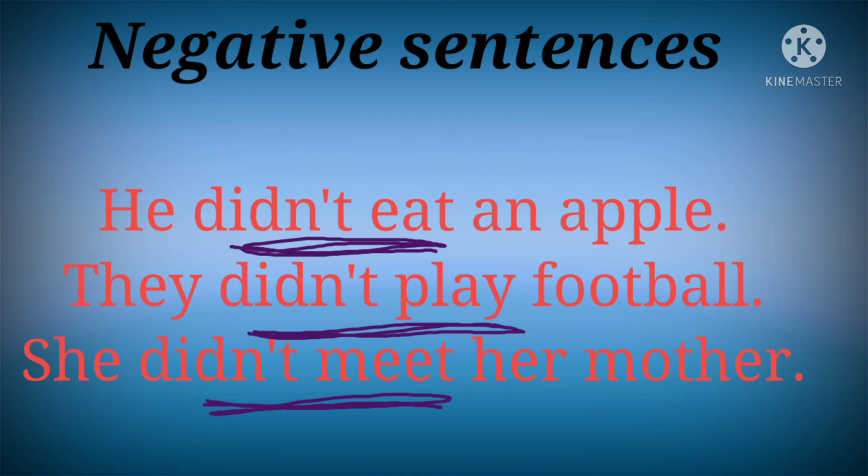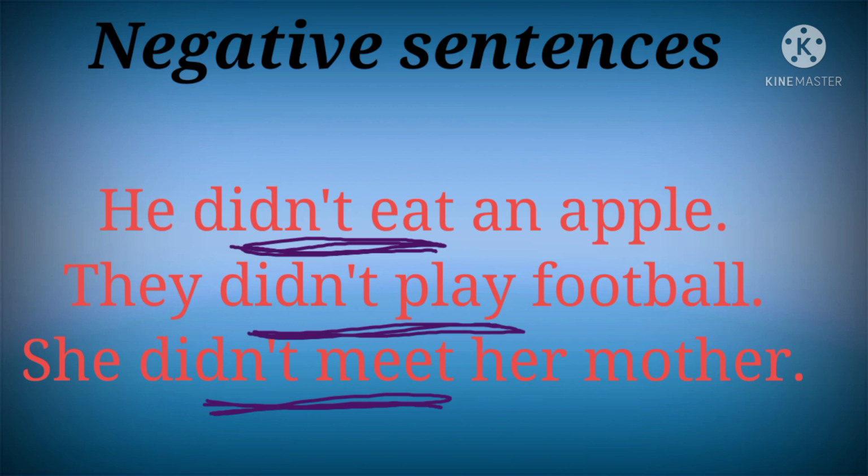Once did is used, already the verb form is past. So again you should not use the verb two form here, because it's already clear that once did is used, that has already become simple past. He didn't eat an apple. They didn't play football. She didn't meet her mother. This is the structure of negative sentences in simple past.